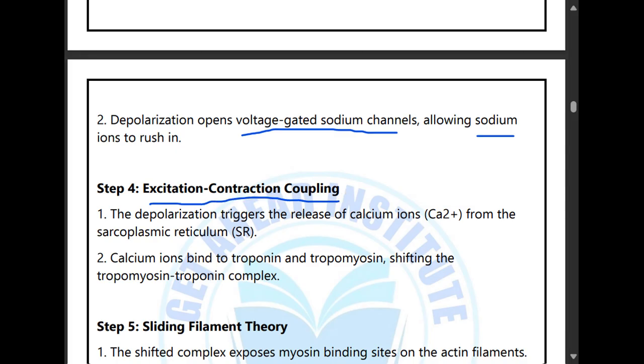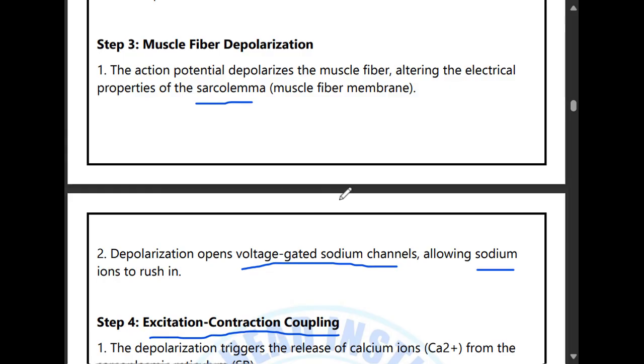Before I proceed, I repeat, step three just has to do with the depolarization of the muscle fiber, whereby the action potential that we created gets to depolarize the muscle fiber.